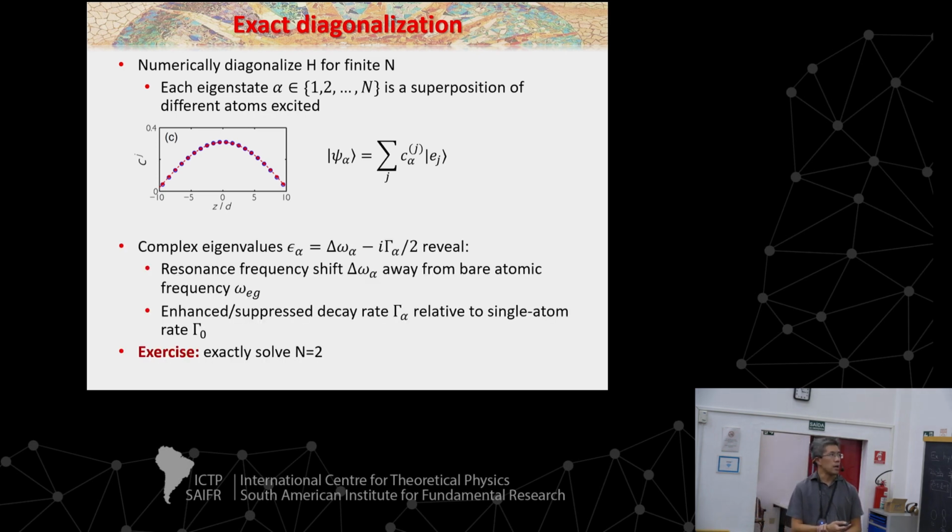And then you can look at eigenenergies. Okay? And so in this case, because we have a non-Hermitian Hamiltonian, our energies can be complex. So we can separate it into a real part and an imaginary part. The real part is going to describe a shift. So each one of these eigenstates you can think of as a normal mode of the system.